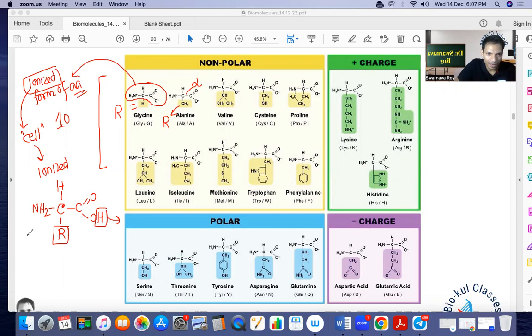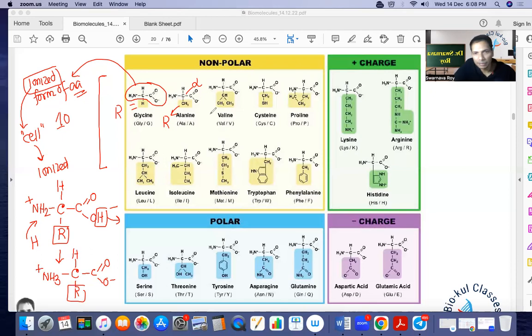And this NH2 gains a hydrogen, so this becomes positively charged. After this happens, the amino acid can be drawn as COO minus, and NH3 plus, with H and R.